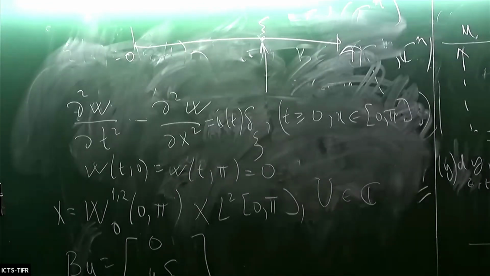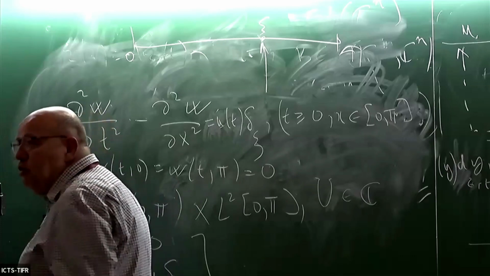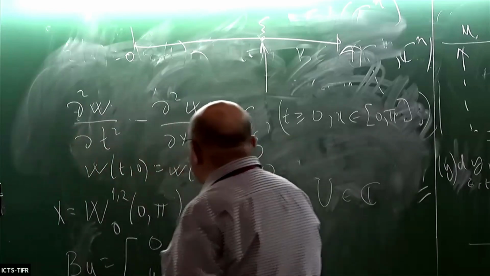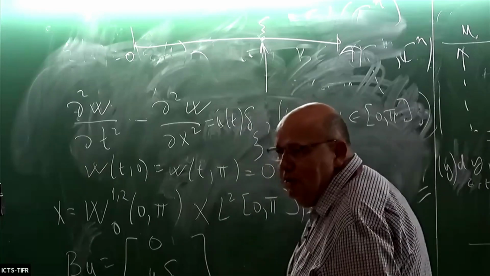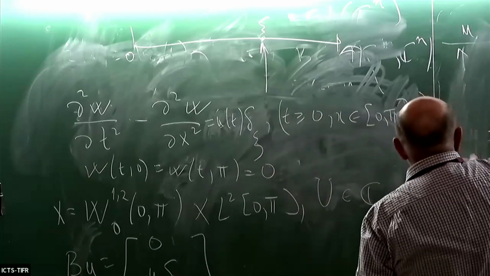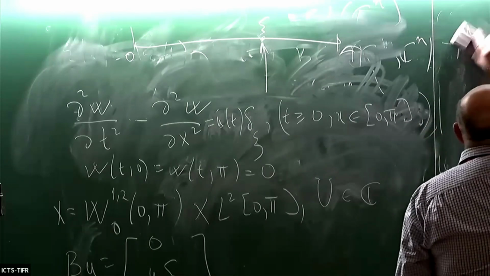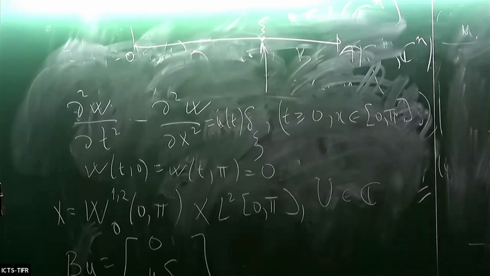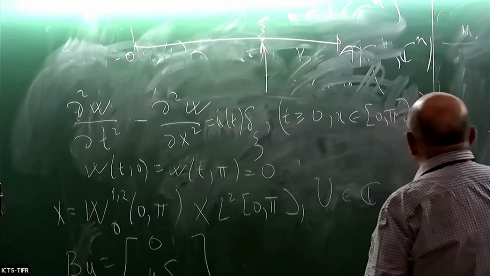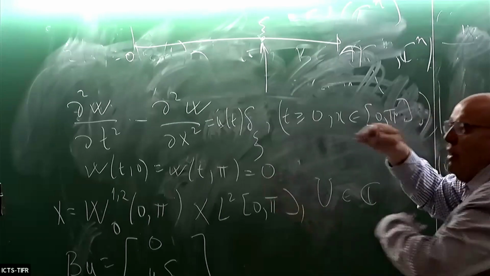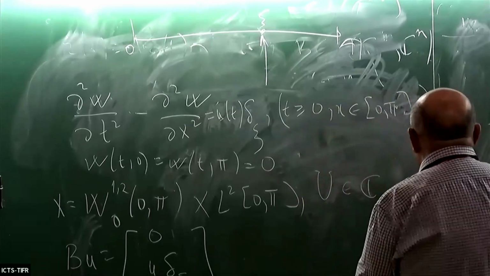space. And so the question is: is this an admissible control operator? It's clearly unbounded. It goes out of L2 for the second component, no? So why is it admissible? Here I reason by duality. By duality, I should write what is T star, B star, and so on. B star is very easy.